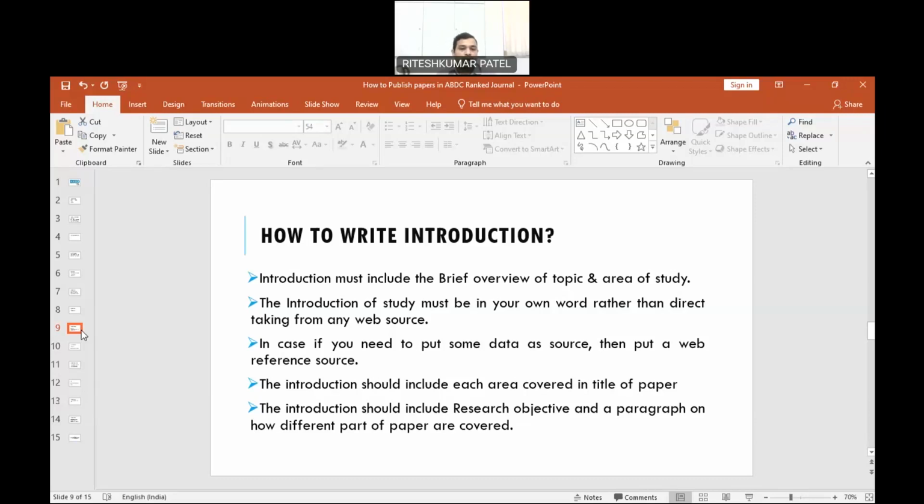If required, you put some data as a source and put a web reference as a source, because whenever we take information from the internet, we need to cite the source. So wherever required, you put it.